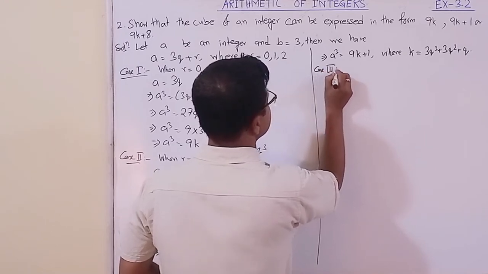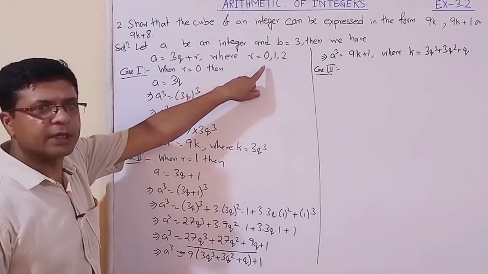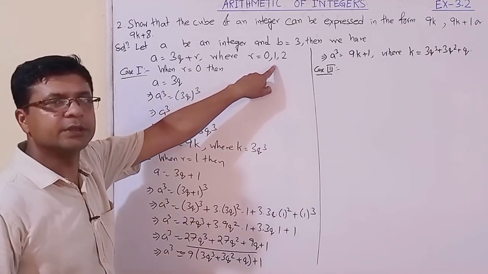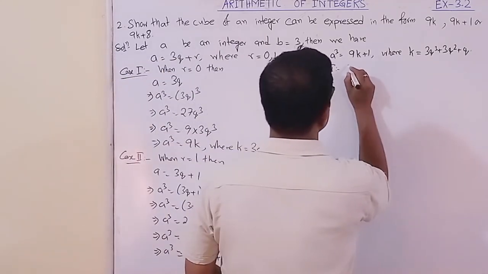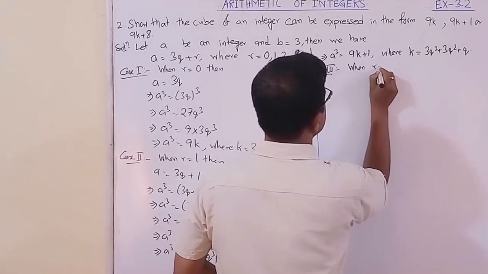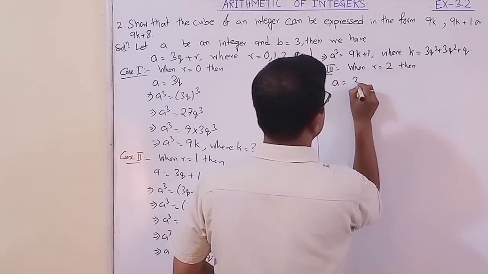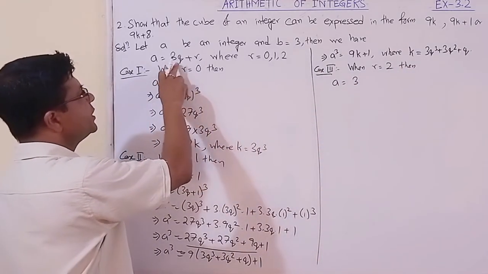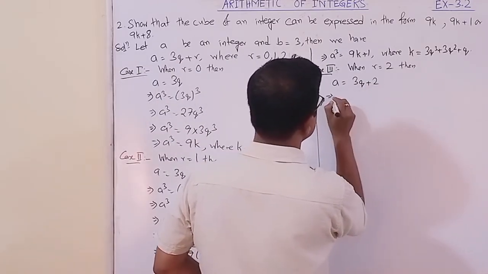Case 3. In case 1 we considered r equal to 0, in case 2 we considered r equal to 1, in case 3 we shall consider r equal to 2. When r is equal to 2, then a equal to how much? Let us substitute here, 3q plus 2. What do we have to do again?